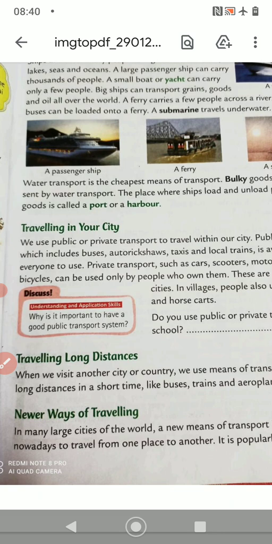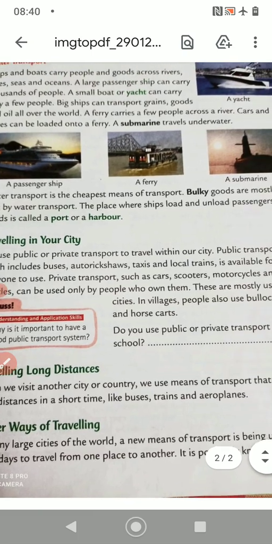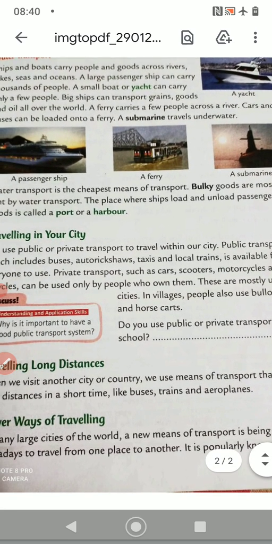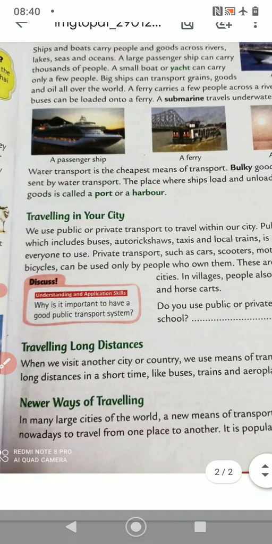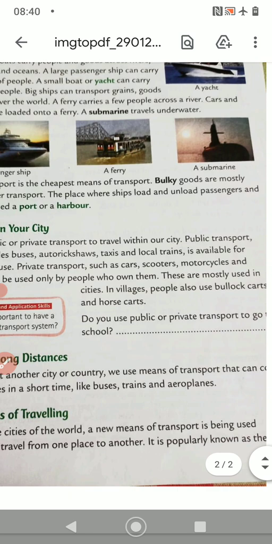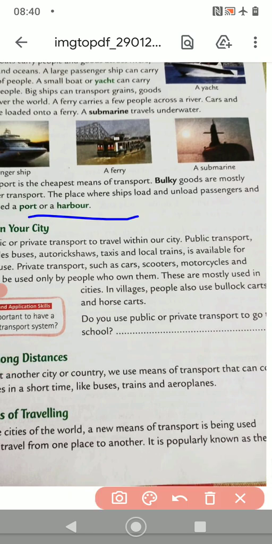The place where ships load and unload passengers and goods is called a port or a harbor. Children, this is very important. This is always asked.